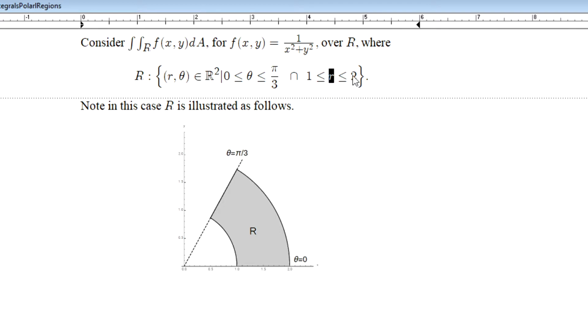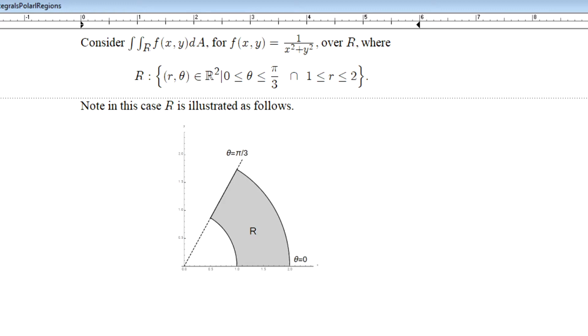And region R forms between values where little r is less than or equal to h of theta equal to 2, where h of theta equal to 2 describes a circle in this two-dimensional system that has a radius of 2 units. So region R is stuck between these two circles of radius 1 and radius 2, over these angle measurements of theta from 0 to pi over 3.